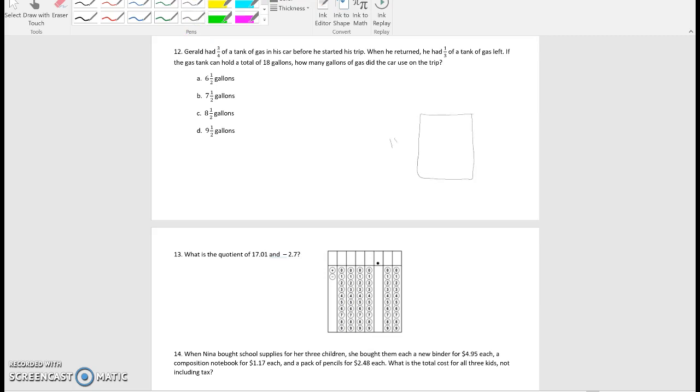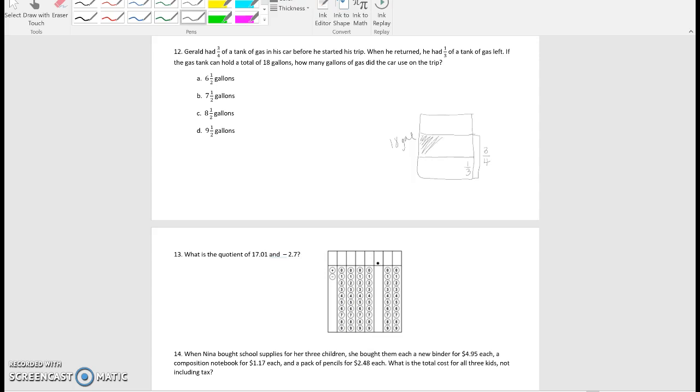It can hold 18 gallons. Now he had 3/4 before his trip. So let's say that he had this much before his trip. When he returned, he only had 1/3 left.